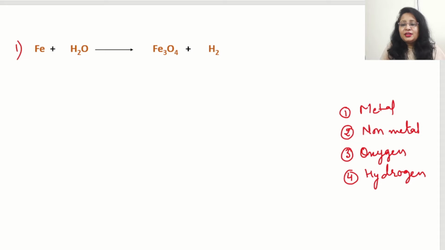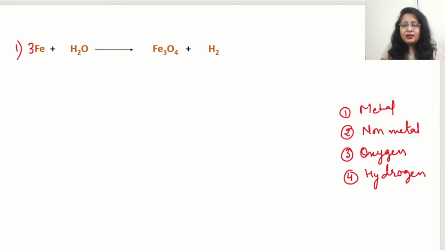On our left hand side, there is 1 Fe and on the right hand side 3 Fe. So what we will do first, we will write 3 over here. Now we can see metal is balanced. Now come up to non-metal. There is no non-metal, so we will jump to the oxygen directly. Here left side 1 oxygen and right side 4 oxygen.